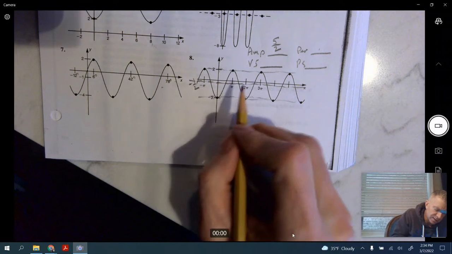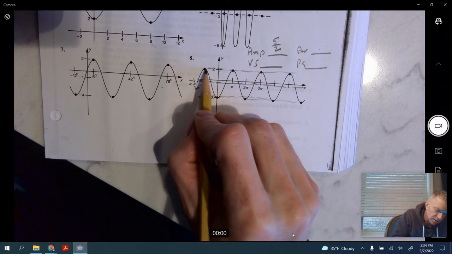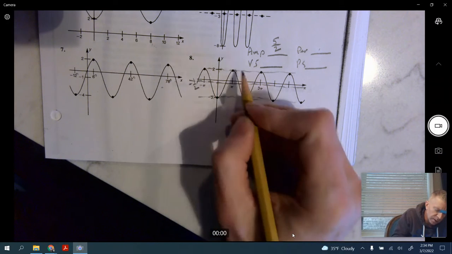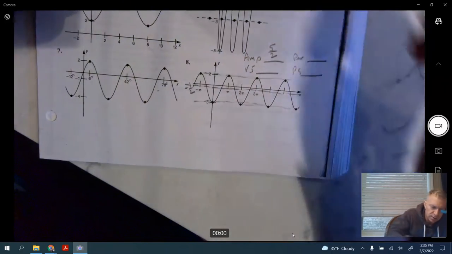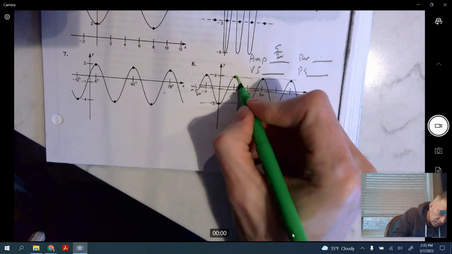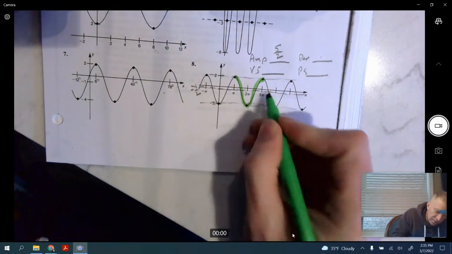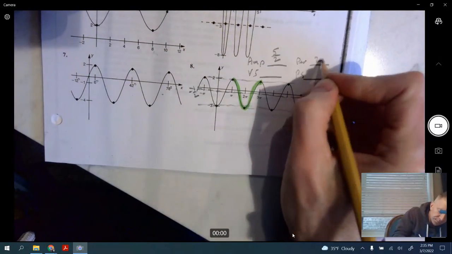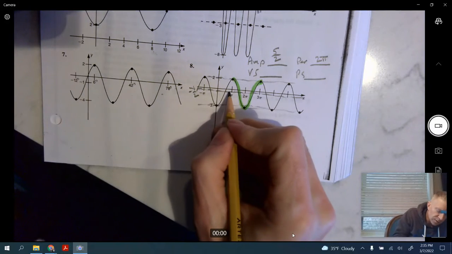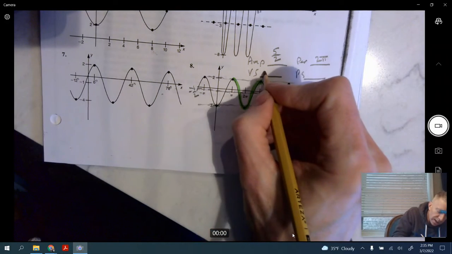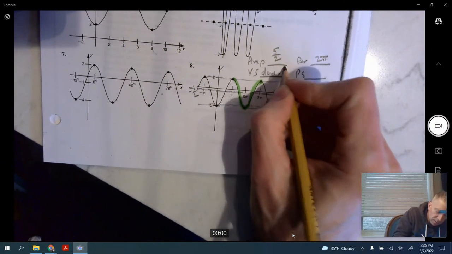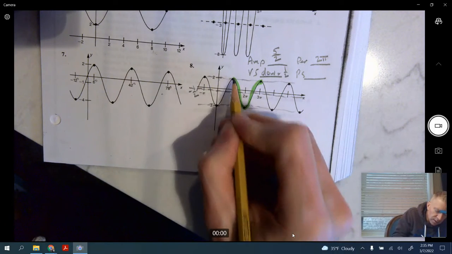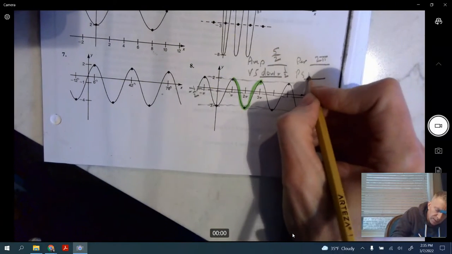Okay, I think it's easiest to go, oh, you could go here to here. -pi to pi, that's a period of 2 pi. Or you could go from here to here. I'll do this one. That goes from pi to 3 pi, so the period is 2 pi. Vertical shift is your midline, so down 1/2. And I decided to start here, so that my horizontal shift is right pi.